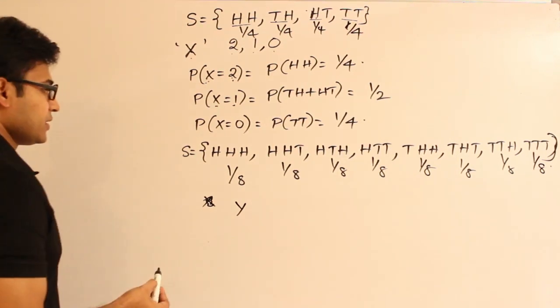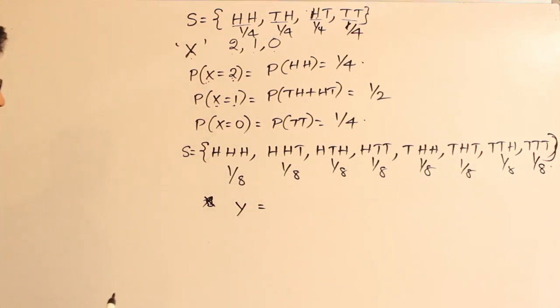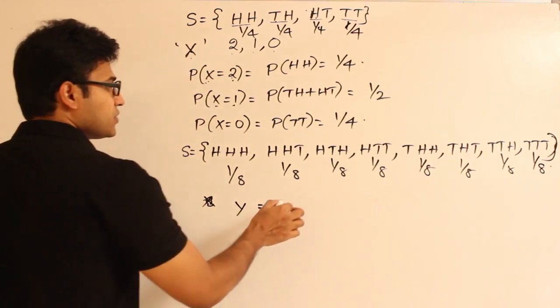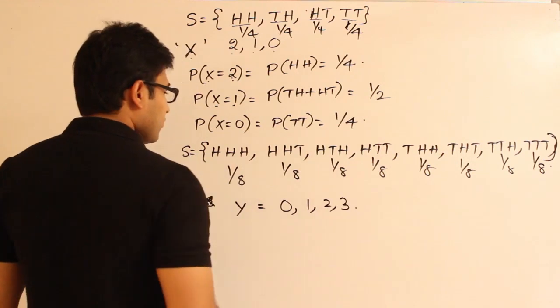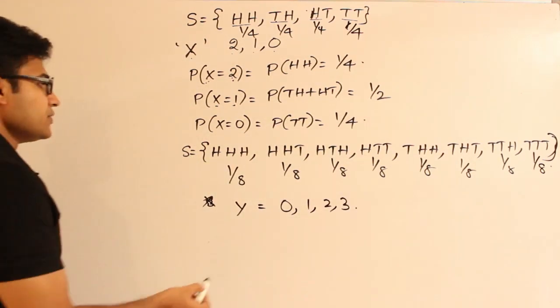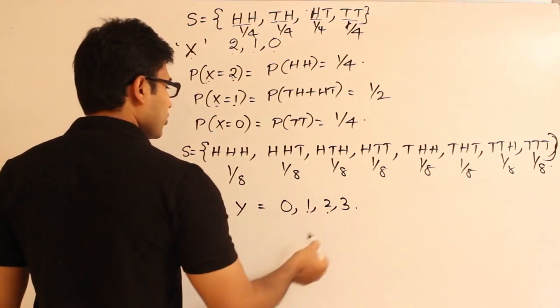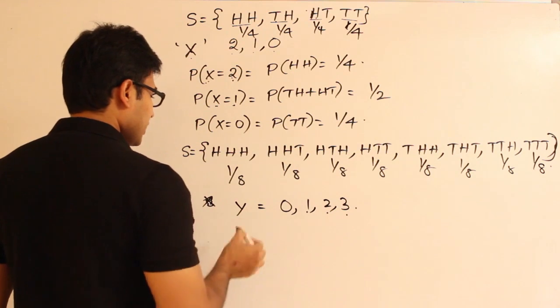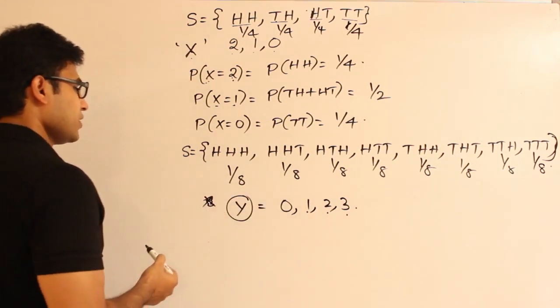Now when I am tossing 3 coins, how many tails can come up? Sometimes 0 can come up, or 1 or 2 or 3. Therefore there is a chance that y will take the value 0 with certain probability, 1 with certain probability, 2 with certain probability, and 3 with certain probability, and y is again a random variable.